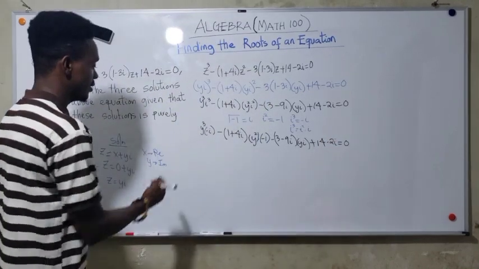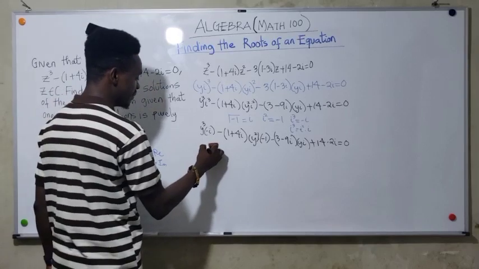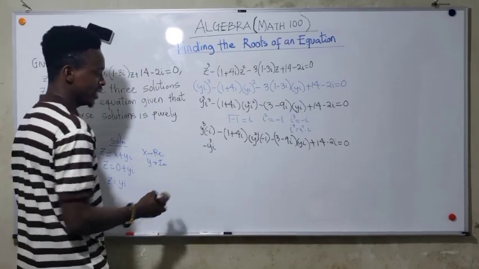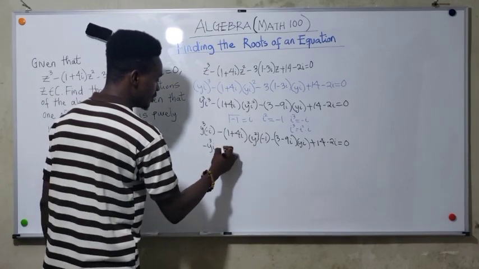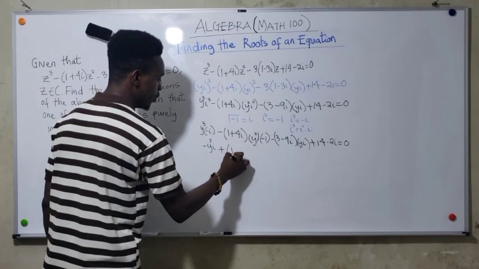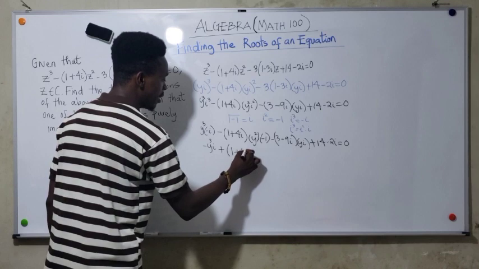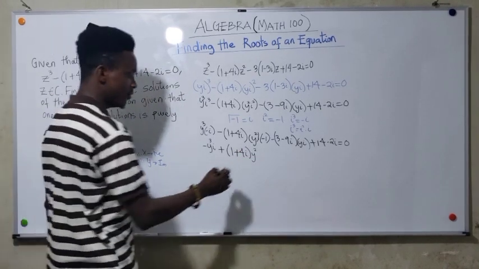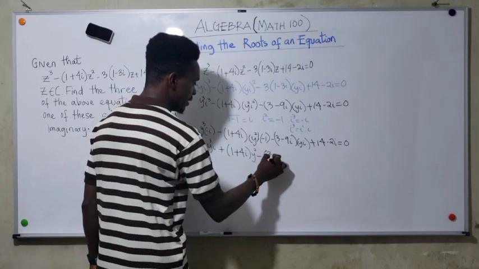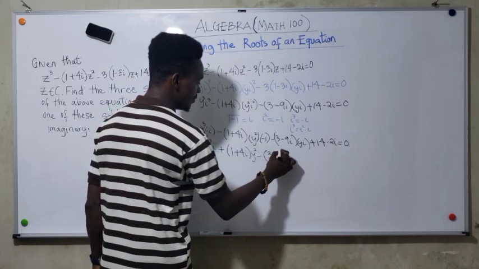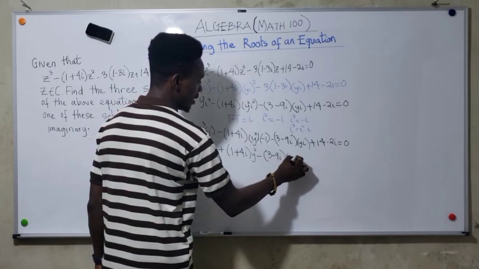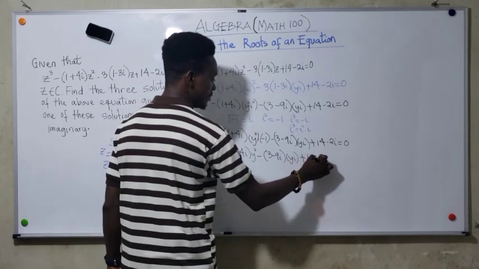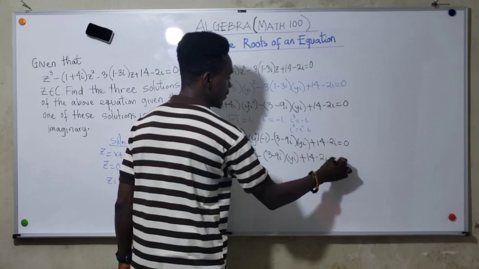So we multiply: y cubed times minus i is minus y cubed i. Again, negative times negative is positive, (1 plus 4i) y squared. Again, we have minus (3 minus 9i) times yi, plus 14 minus 2i is equal to 0.